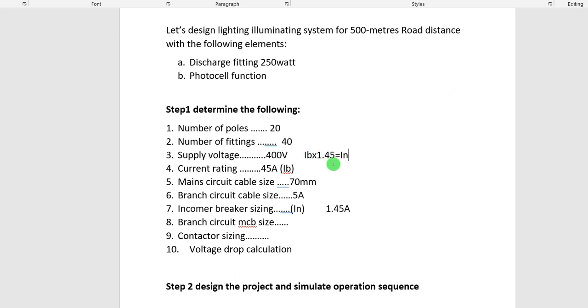And because you know that before each of the branch circuits will come up, all of them have their starting current, which we have added by adding 1.8. But that 1.8 is not just for the charge lighting. It also affects the IN, the incomer. When each of the branch circuits is coming up, the impact is coming down to IN.